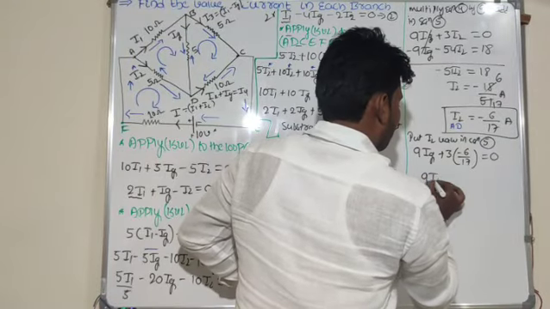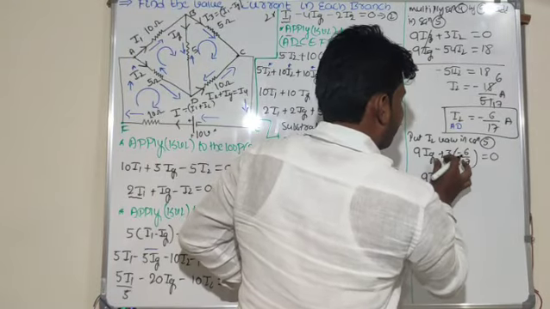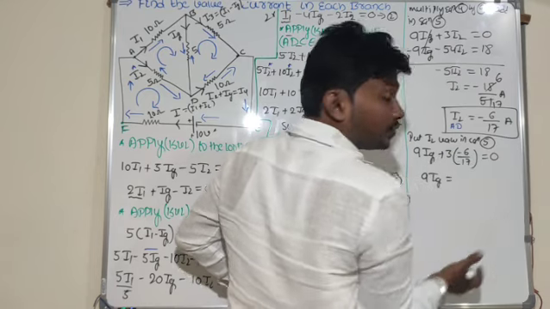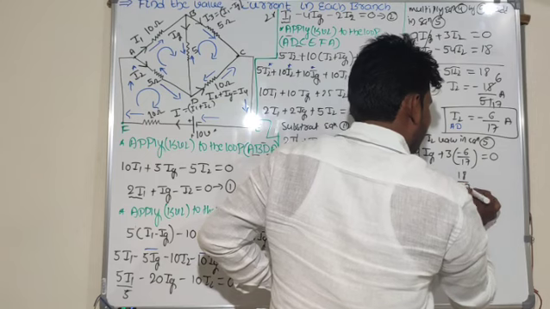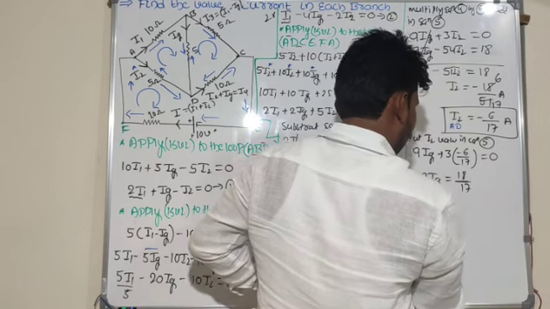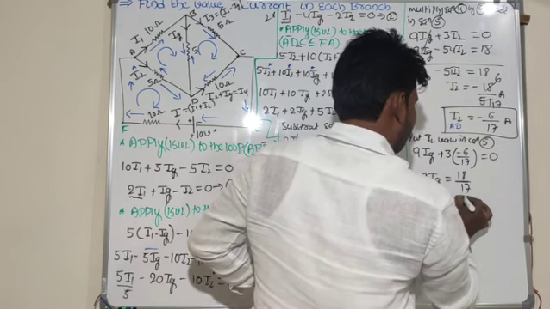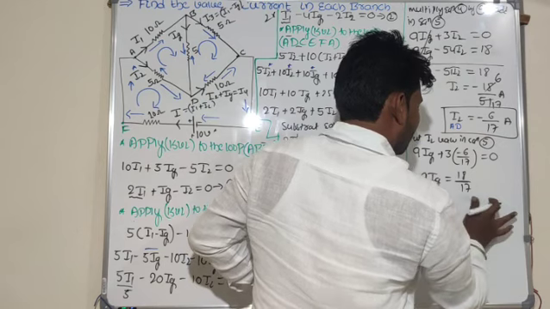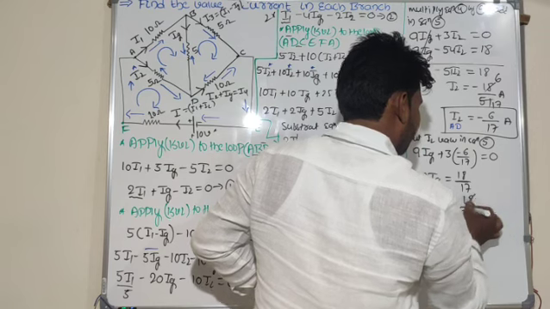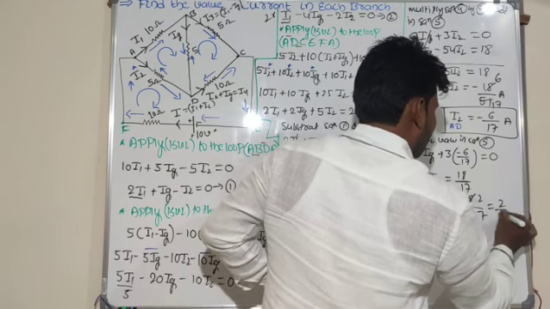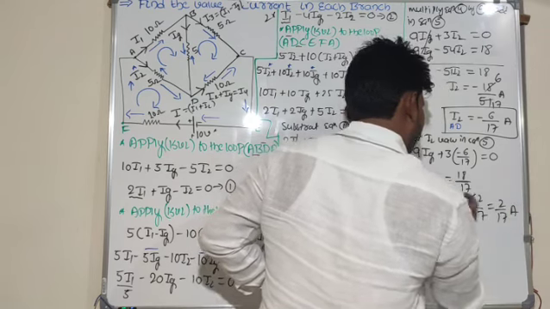So 9 Ig is equal to, if it goes to the right side, plus 18 by 17, or Ig is equal to 18 divided by 9 into 17. So that is 2 by 17 ampere.